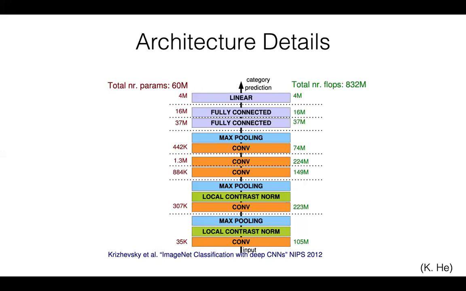This gives a total of 60 million parameters and almost 850 megaflops, right?